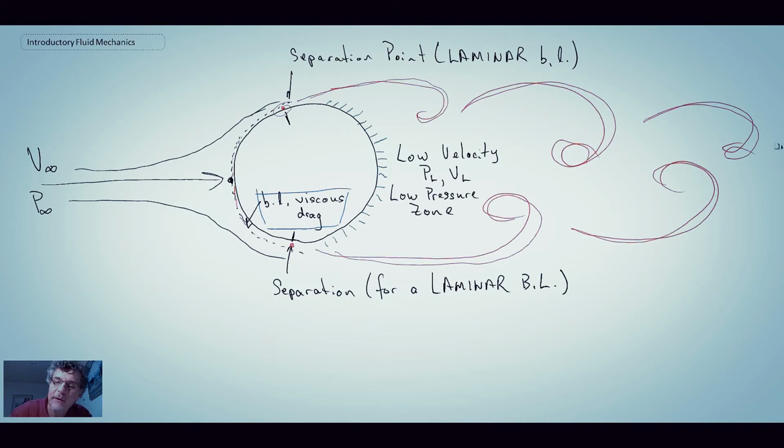So if we were to try to analyze this, and let's say we were to try to use the steady flow energy equation, and we've seen the steady flow energy equation from our earlier analysis.